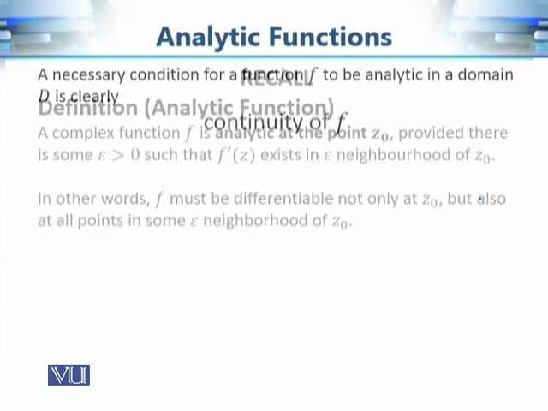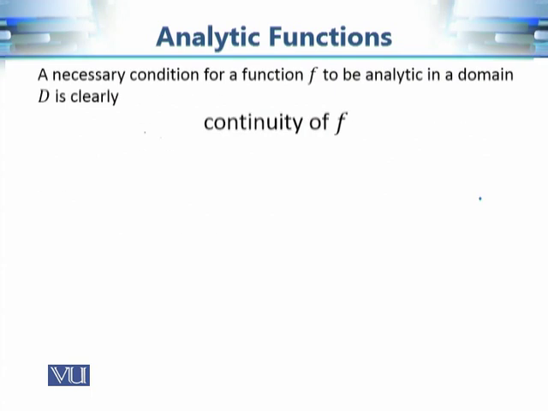Now, what are the necessary conditions? We know that if a function is differentiable at a point, then it is continuous at that point. So the necessary condition for a function to be analytic at a point is that it must be continuous. Okay, and if we go further, then if the function is analytic at a point z0, it must be continuous in some epsilon neighborhood, because it must be differentiable in some epsilon neighborhood.